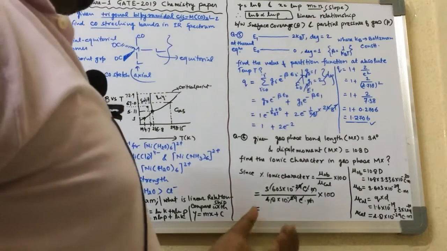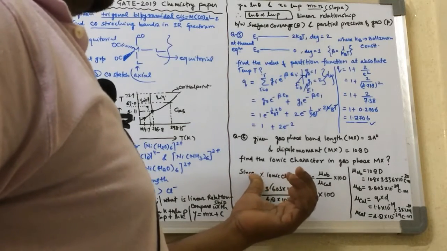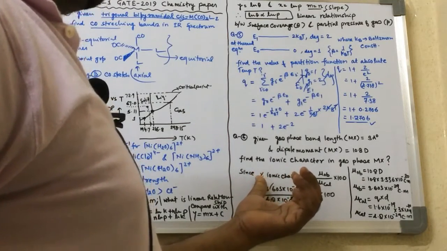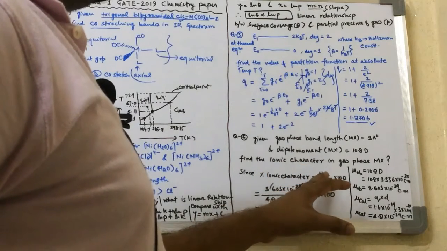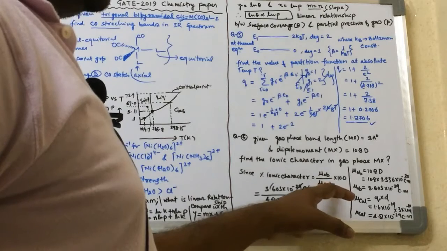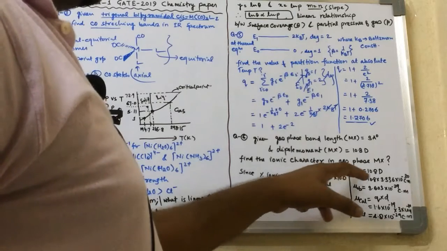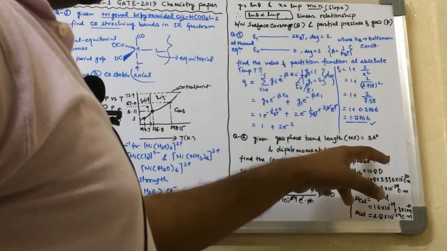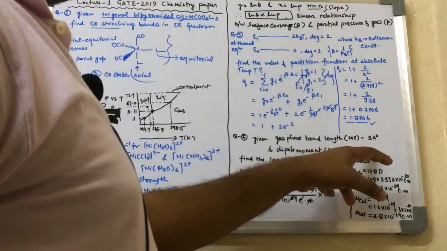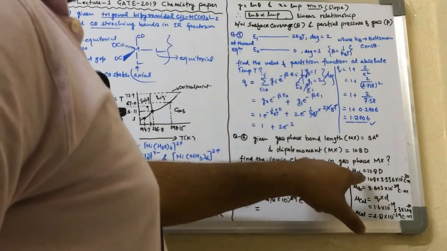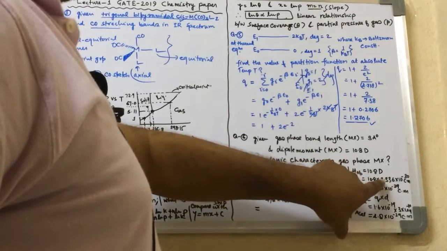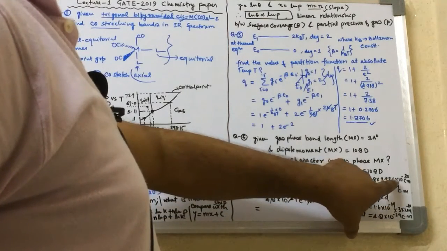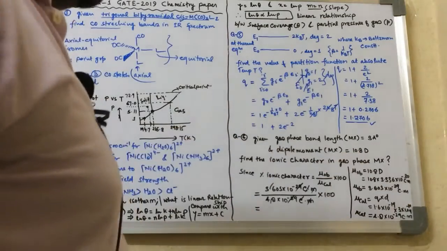Now, as written in the formula, the percentage of ionic character is equal to mu observed upon mu calculated into 100. Mu observed, given in the question, is 10.8 debye, so if you convert to coulomb meter you multiply by 3.336 into 10 to the power minus 30.